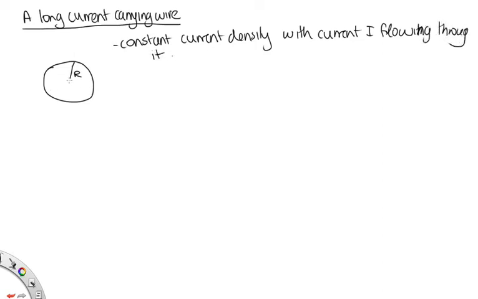Let's assume that the current is flowing up out of the screen at us. What we need to do is work out B for radiuses less than the radius of the wire, and work out B for radiuses greater than or equal to the radius of the wire.